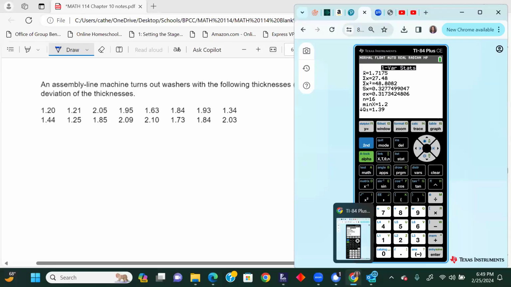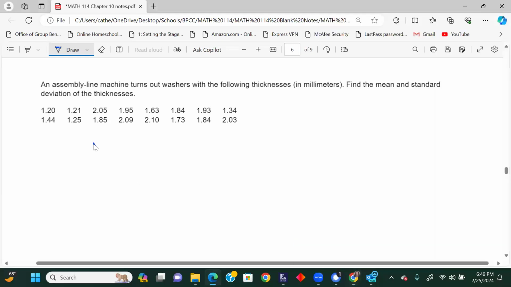All right, so x bar, and again, 2 decimal places, 1.72. That is our mean.